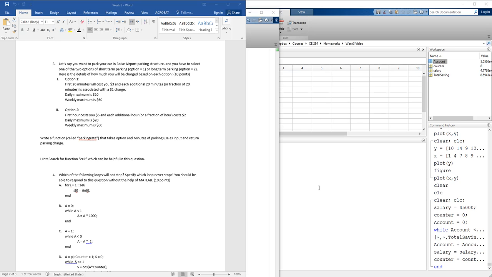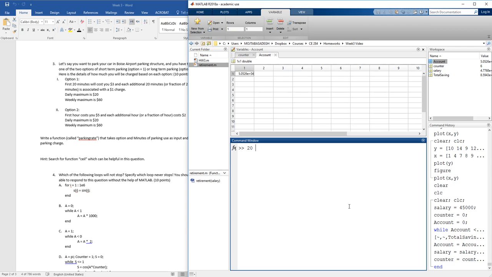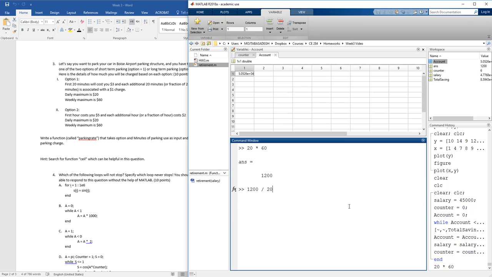So what happens is that you cannot go above $20 for each day. So if you have, I don't know, 20 hours, each hour is 60 minutes. 20 hours is 1200 minutes. 1200 minutes divided by 20 is 60 sections of 20 minutes.